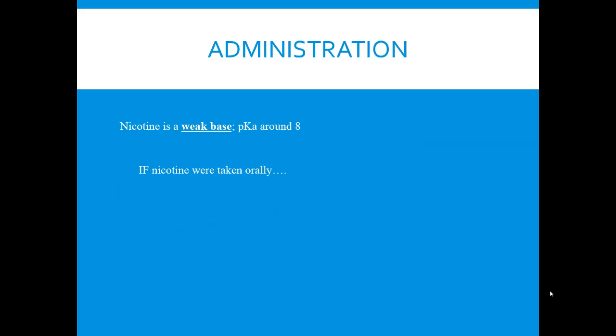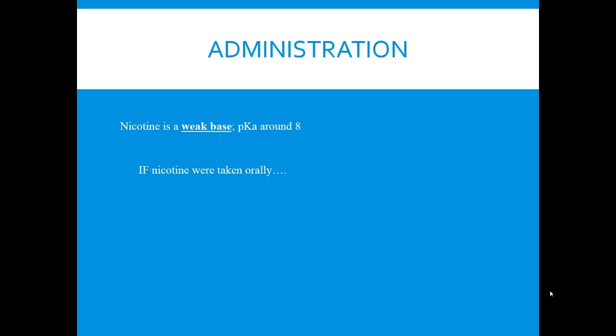One of the things that it's going to be important to remember in this chapter is that nicotine is a weak base. It has a pKa of around 8. So that means that even in an environment that's just above neutral, in a weak basic solution, some ionization would occur.